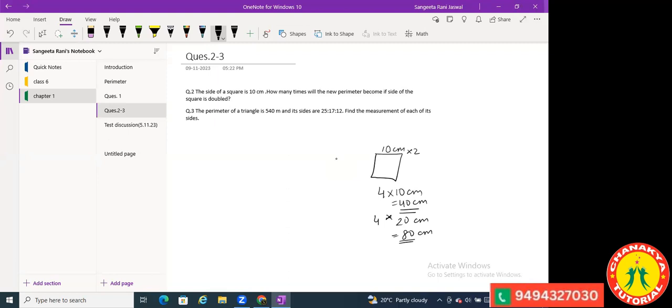I think we just have to do it in rough. If you are doing it in rough, just pick it up and show me on the screen.